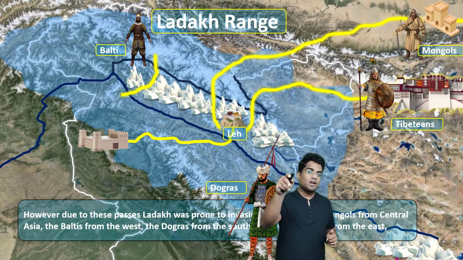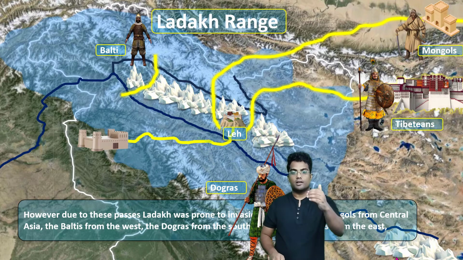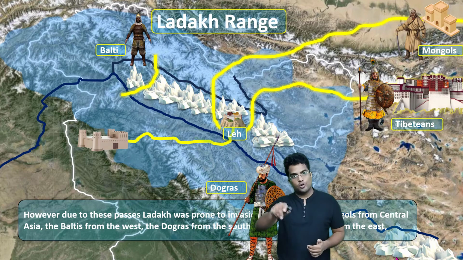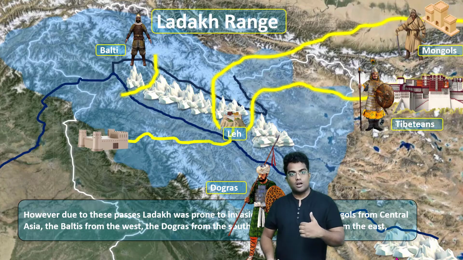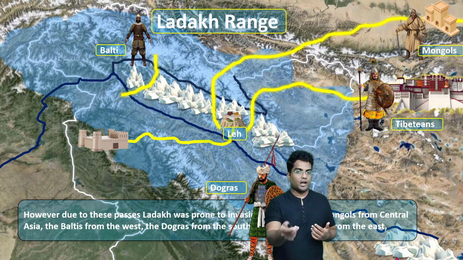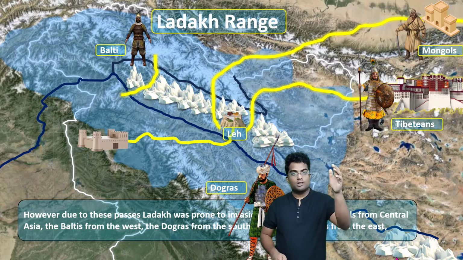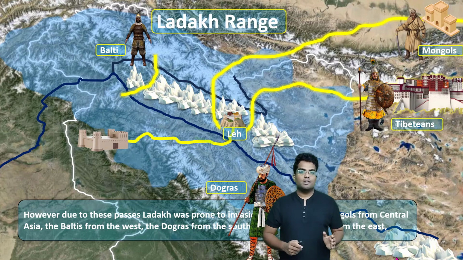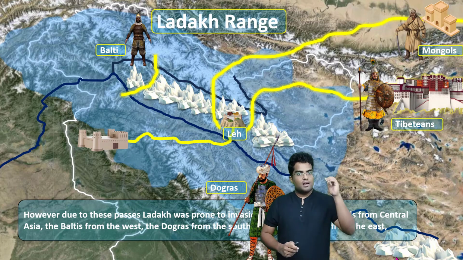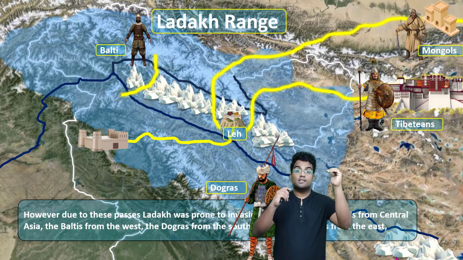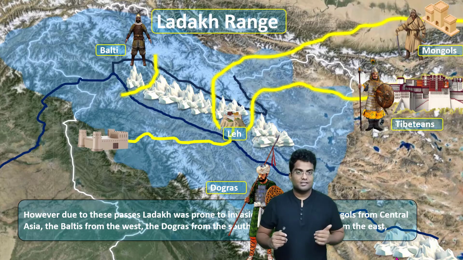For example, the Mongols attacked Leh, the Tibetans also attacked Leh, then the Dogras from the Indian part also attacked Leh, and furthermore, the Baltis also attacked Leh from these passes. So because of these passes, Leh prospered, but at the same time, it was prone to invasions. Strategic location, but prone to invasions.